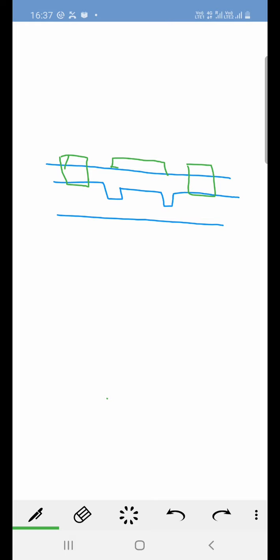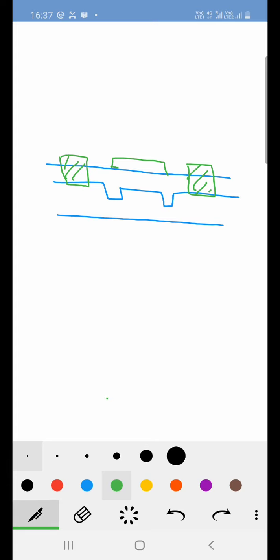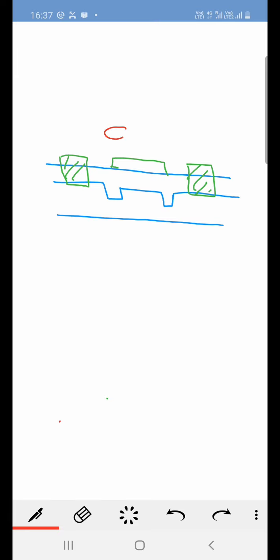These are the metal contacts, and this is the gate electrode.